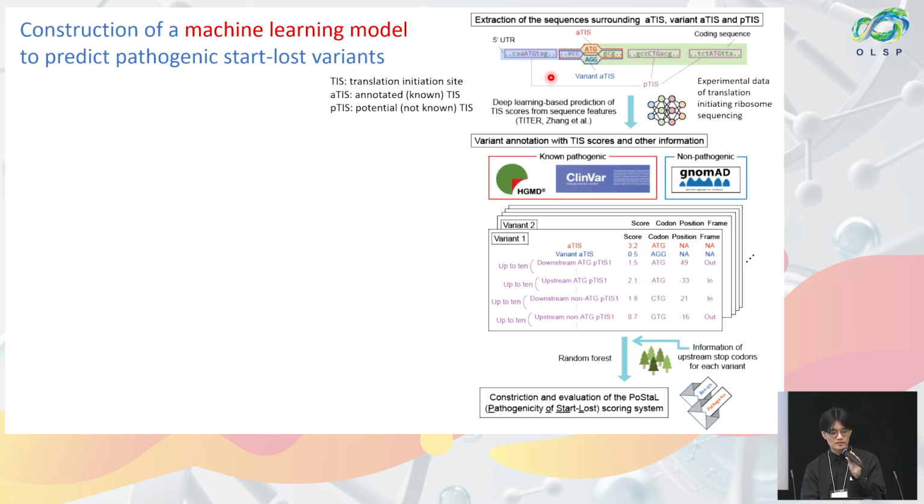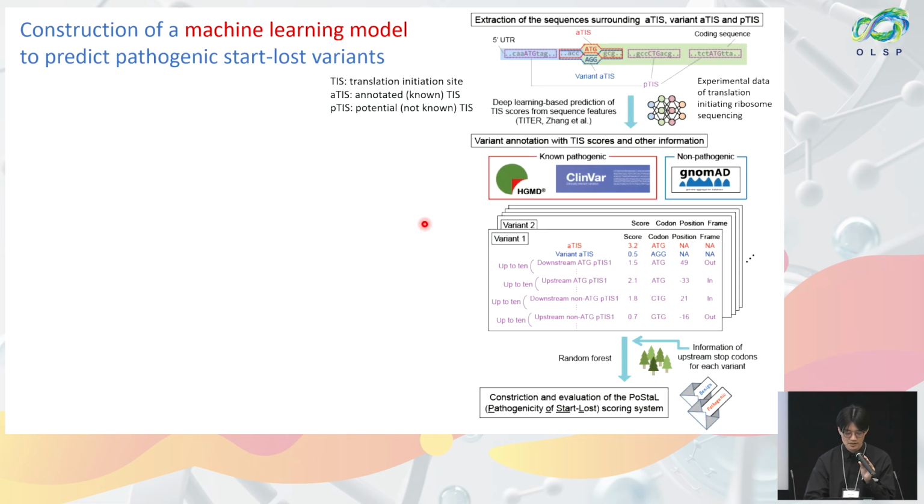And using these scores, we aimed to construct a model to classify known pathogenic variants in HGMD and ClinVar and non-pathogenic variants in gnomAD, using these scores and codons and positions and reading frames as features with a decision tree based algorithm.